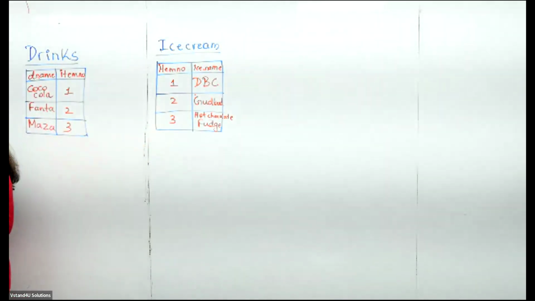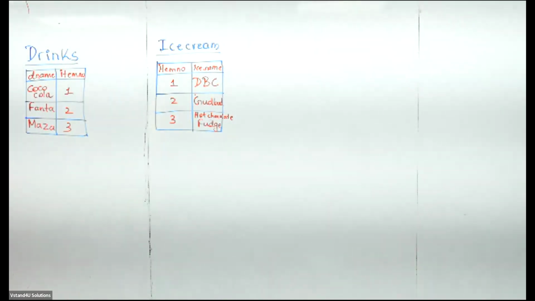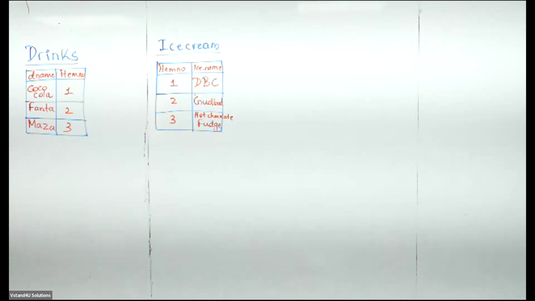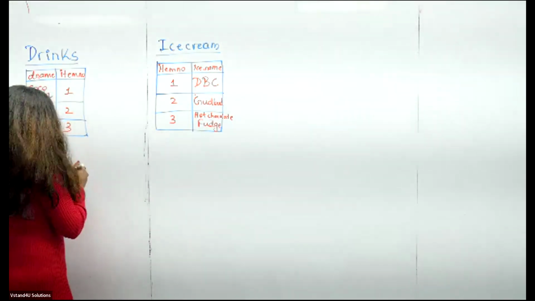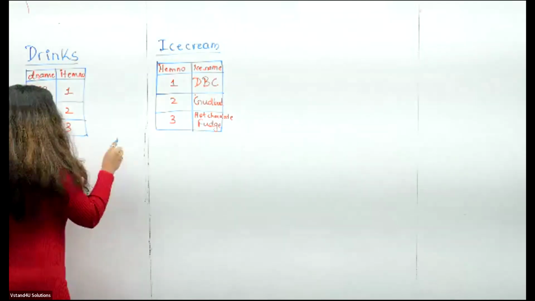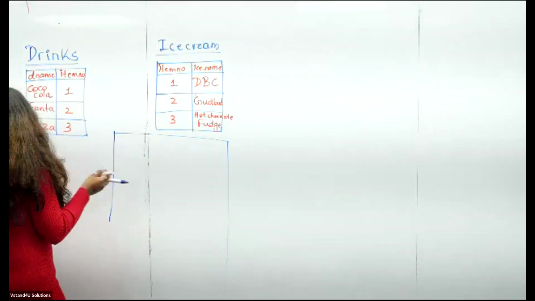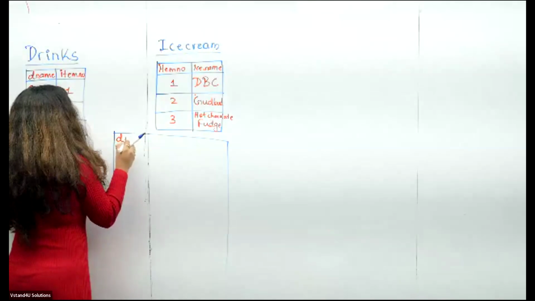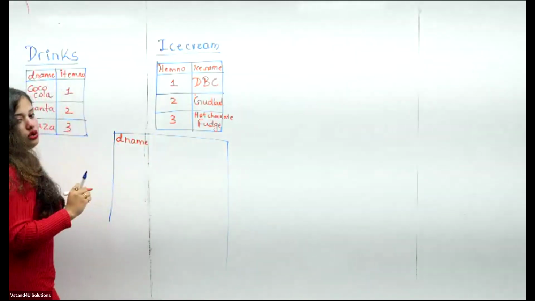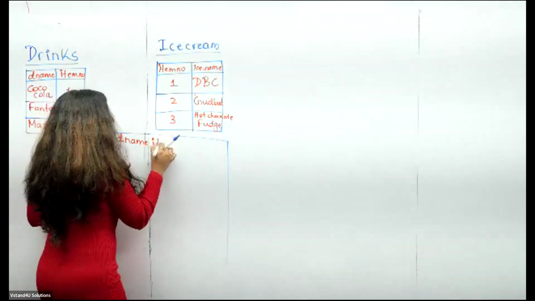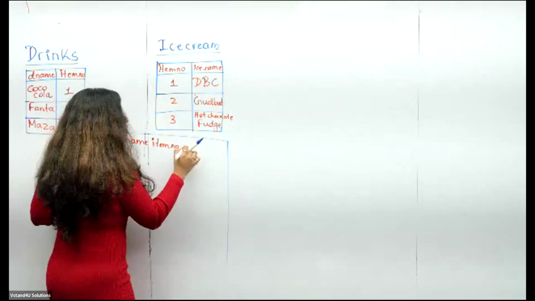So how will your entire table look? What columns will you get? You will get the drink name, then the item number.